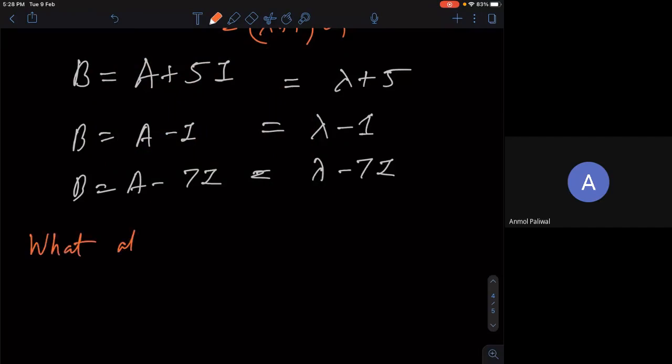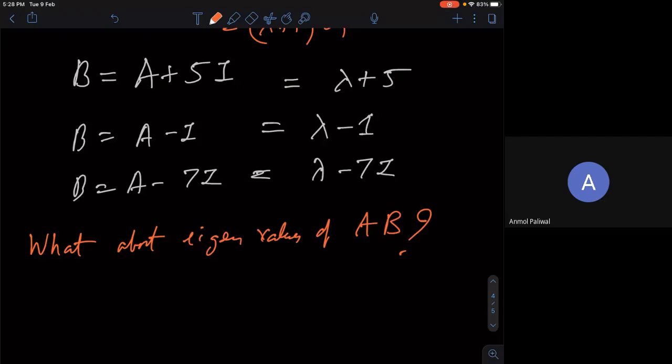What about eigenvalues of AB? A and B are matrices with some eigenvalues. What can we say about the eigenvalues of the matrix AB?